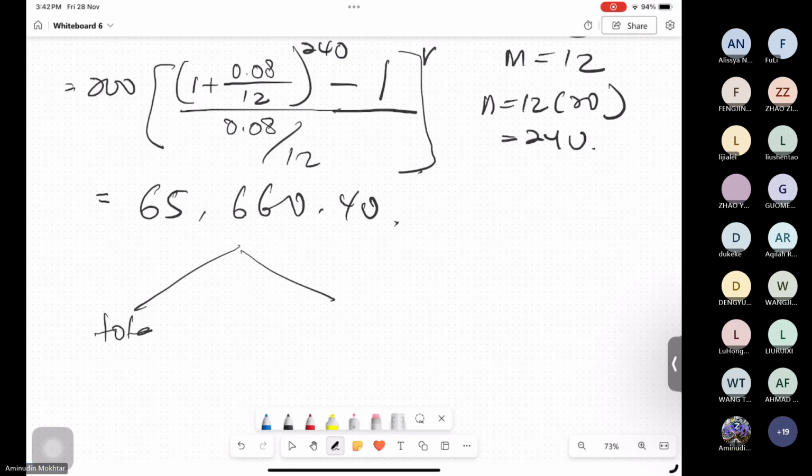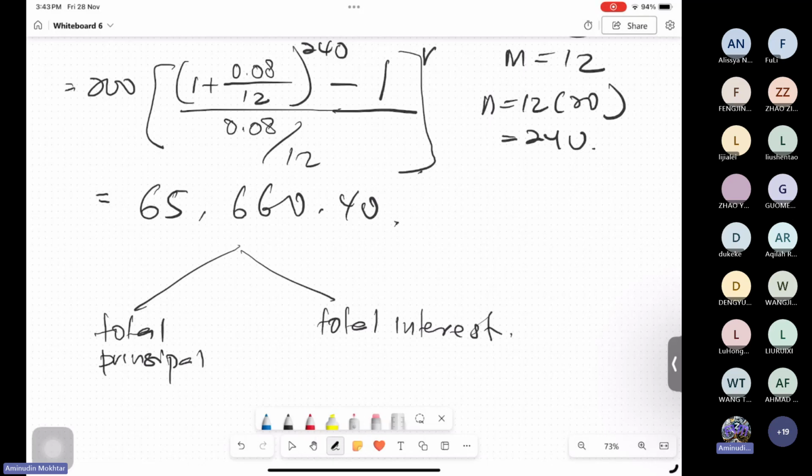Now we want to know from this amount your total principal, meaning your own money, not including the interest, and the total interest that you receive from this deposit account.